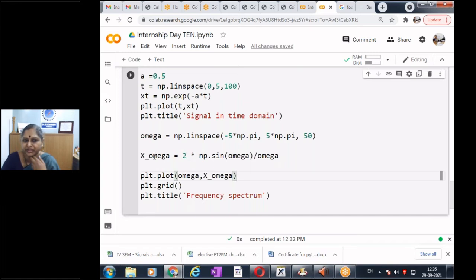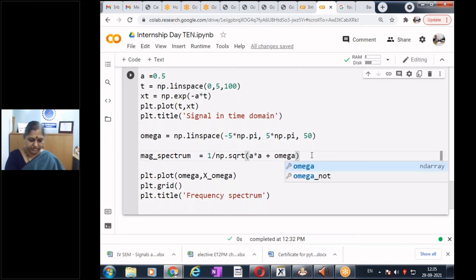And what's the frequency domain? We have magnitude and phase now: the magnitude spectrum and the phase spectrum. What was the magnitude spectrum? 1 by np.sqrt(a square plus omega square).